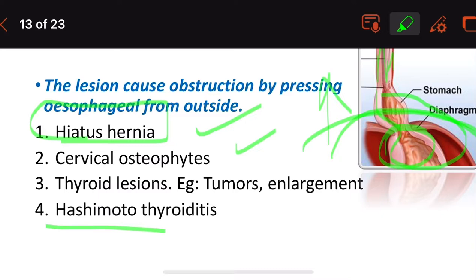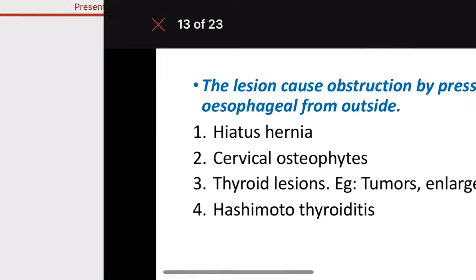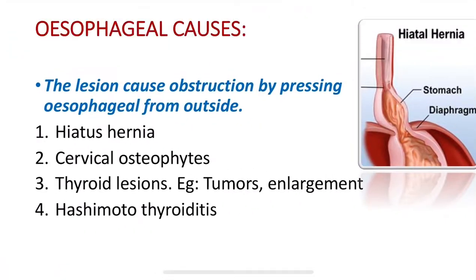The immune system disorder attacks the thyroid gland, causing the leakage of the thyroid hormones. As a result, there will be hyperthyroidism. Okay, this is about the lesions which are causing pressure on the esophagus: hiatus hernia, cervical osteophytes, thyroid lesions, and Hashimoto thyroiditis.